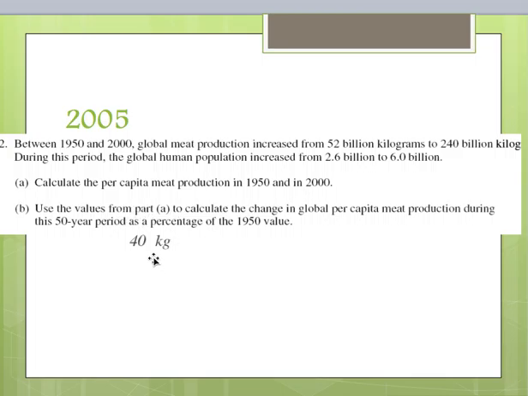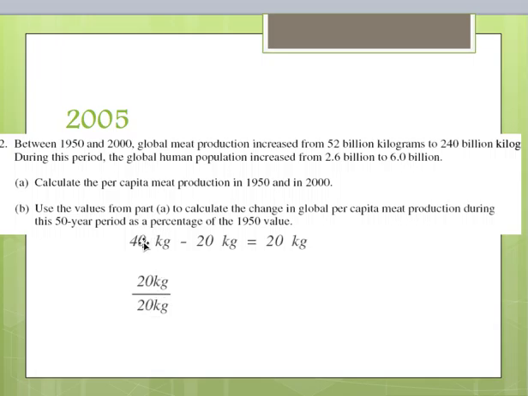We'll start with the 2000 meat consumption value, and that was 40, and we're going to subtract the original. So we're coming up with our part over whole. Remember percentage, part over whole. That's going to be 20, and then it's going to be 20 divided by the original 1950 value.